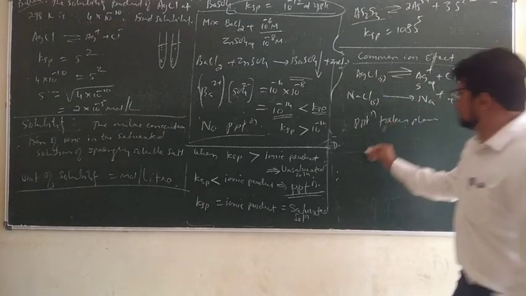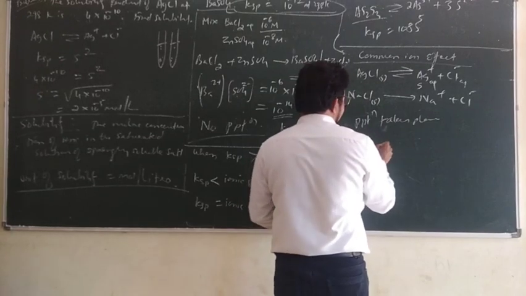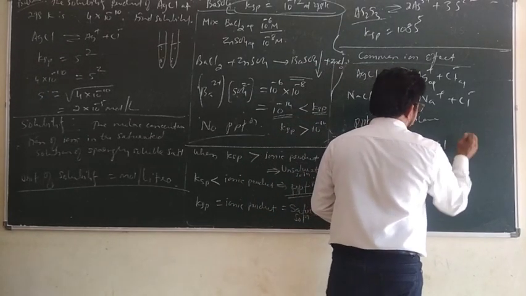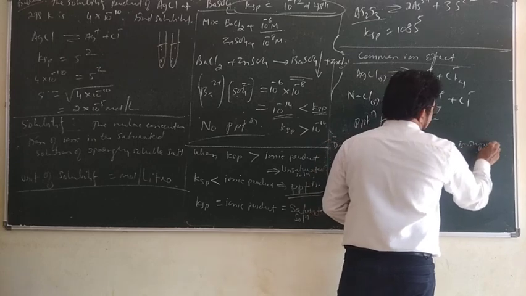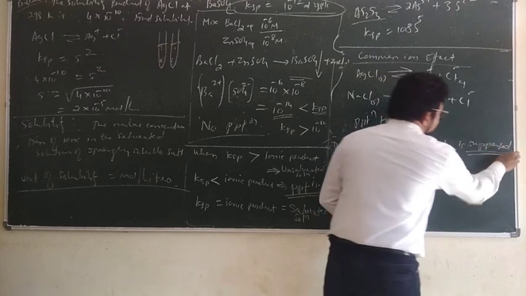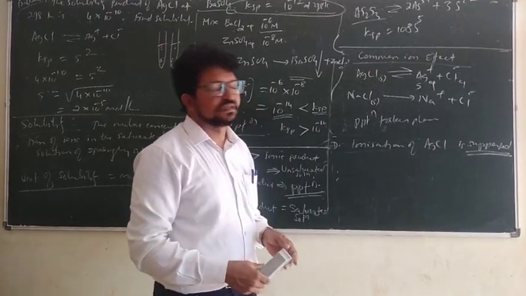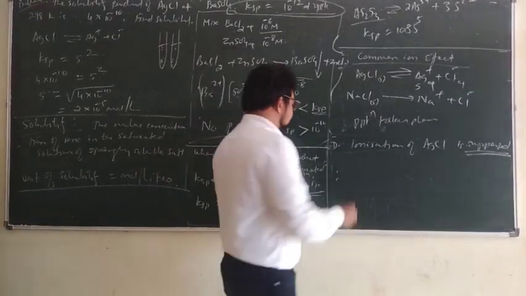So the ionization of AgCl is suppressed. Suppressed. Have you understood this word? Suppressed means decrease. So what is common ion effect?